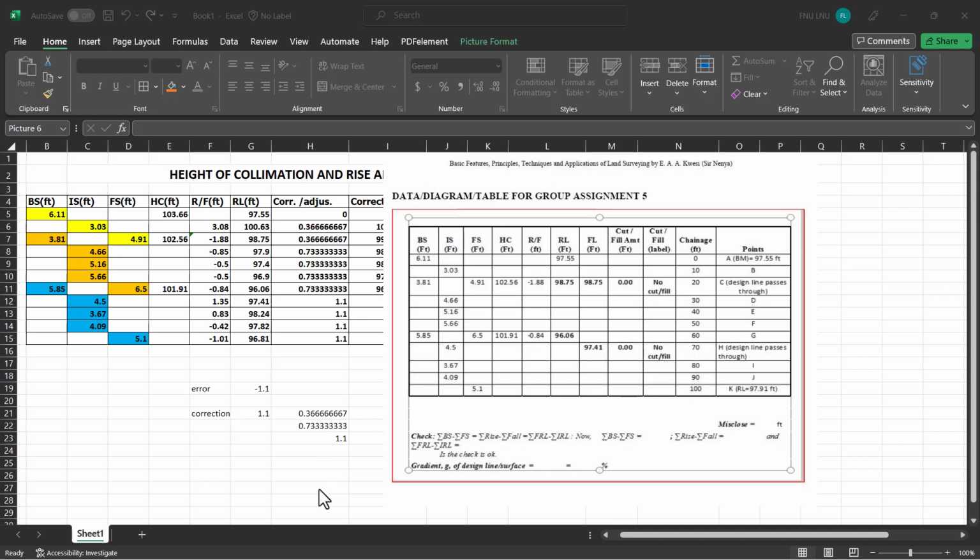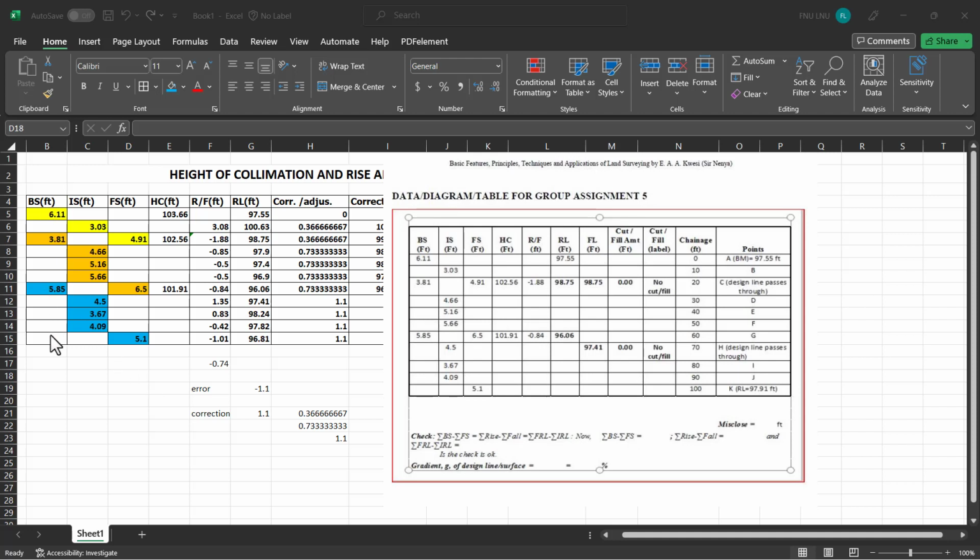So we can do that as a check. So now let's go ahead and do our check. So I will do for the first. You can also try with the next. So now it's saying that the sum of the backsights minus the sum of the foresights should be equal to the sum of the rise minus the sum of the fall.